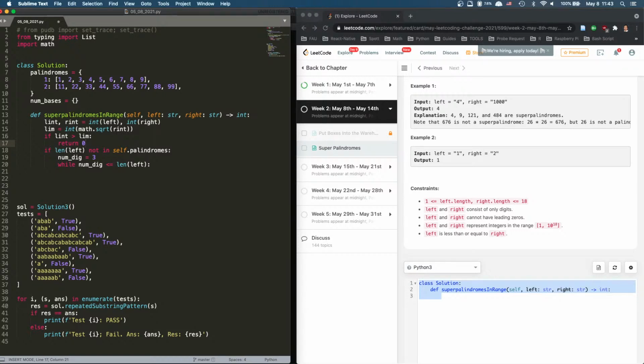Hold on. If we can have the palindrome, because I try to build it incrementally, right? I don't want to build it from the start.